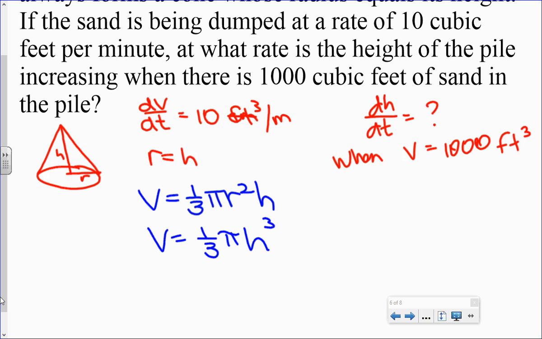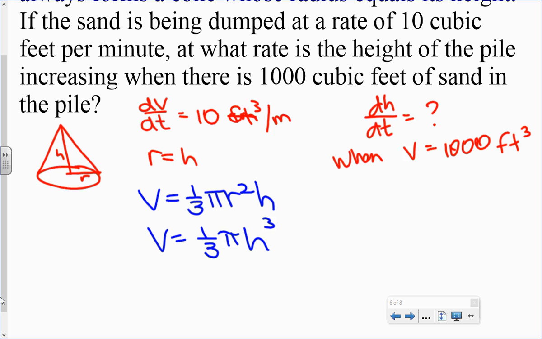That way, we don't have to worry about dr dt or R because we know it's the same as H. Sometimes they'll give you a ratio, like the radius is 8 when the height is 7. Then you might have to plug in a ratio of R to H to do this. Here we have a 1-to-1 ratio, so we can just plug in R for H.